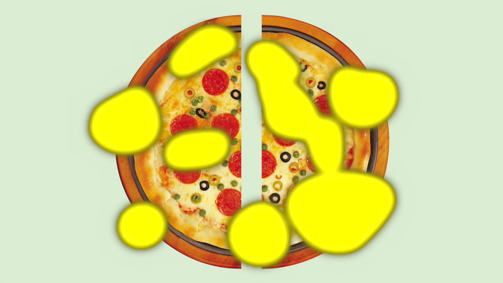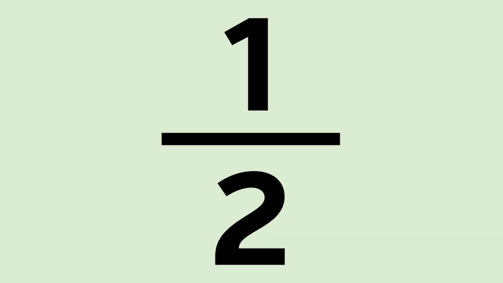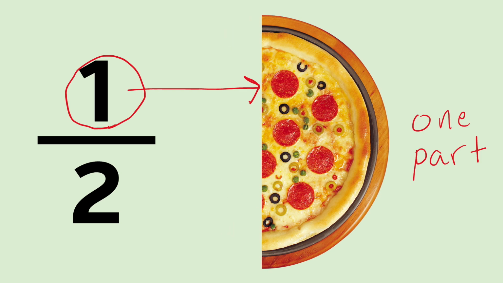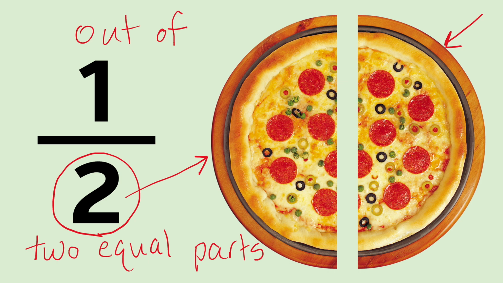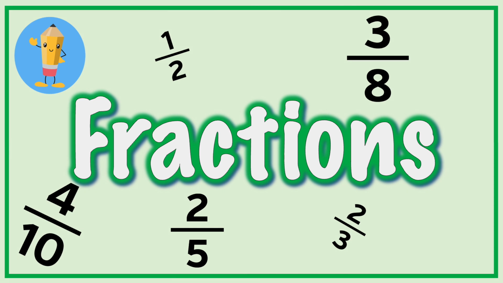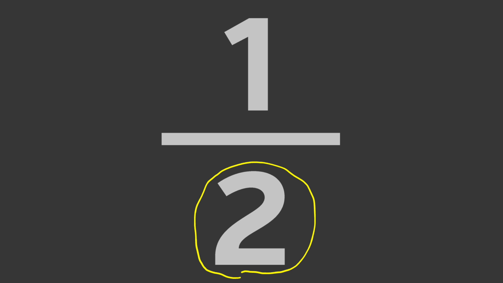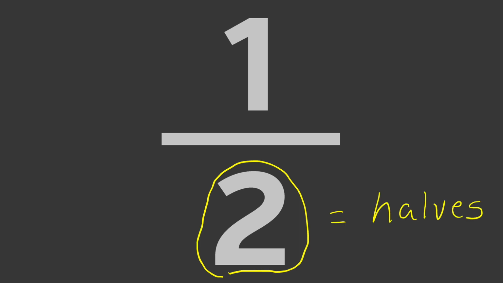Let's look at our pizza again. The fraction 1/2 means that we have 1 part out of 2 total parts. There can be many different fractions. Numerators and denominators can be different. When we have a 2 as the denominator, we have halves.